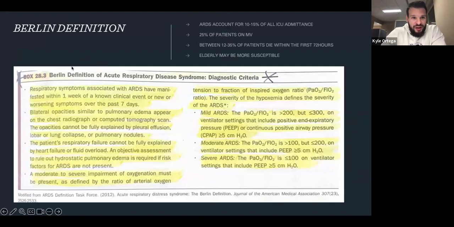Here I took a picture out of the book of the Berlin definition. So basically, it's a criteria, and every single one of these bullet points has to be hit for it to qualify according to Berlin.